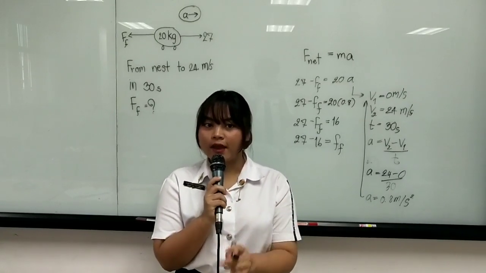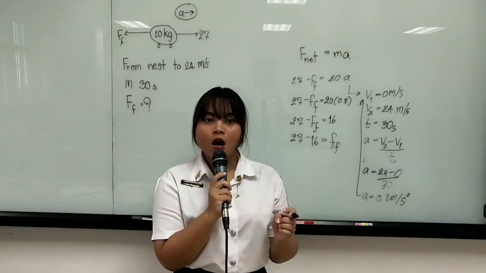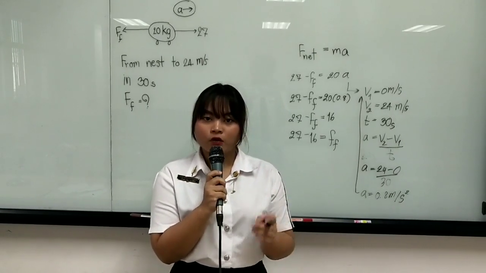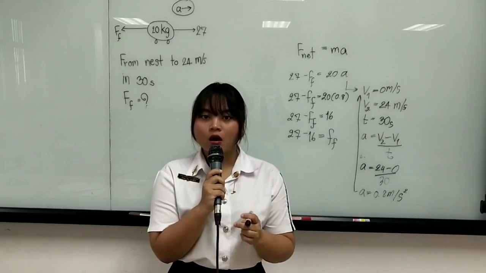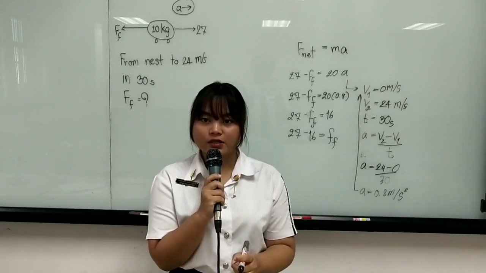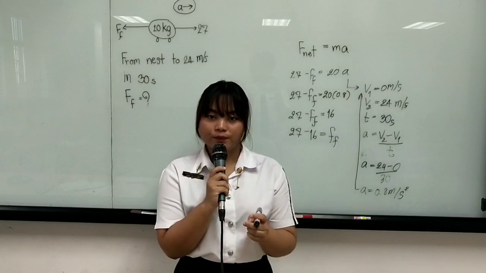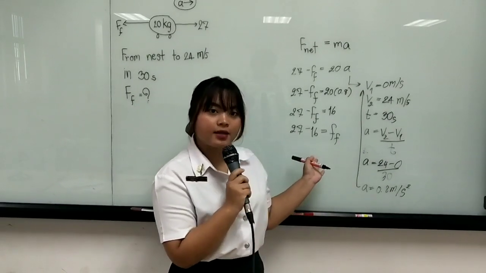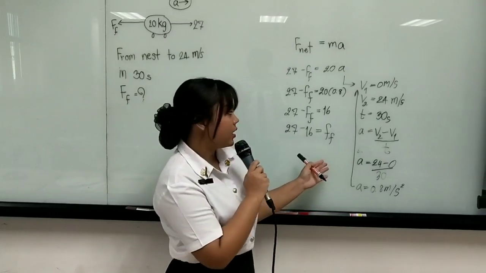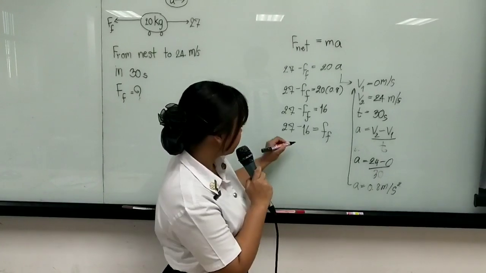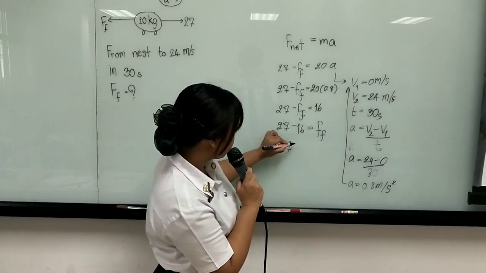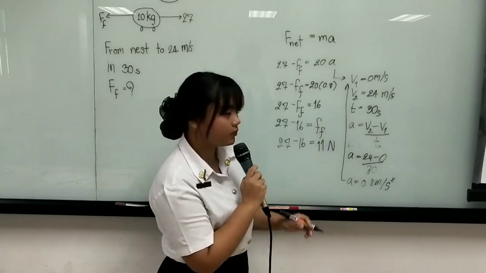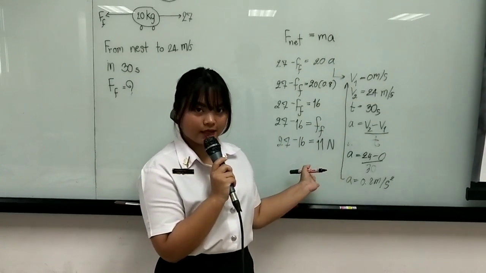I just realized that the 16 comes over because it's negative, and the force of friction comes over because it's positive. So the force of friction is 27 minus 16, which is 11 Newtons, and positive.